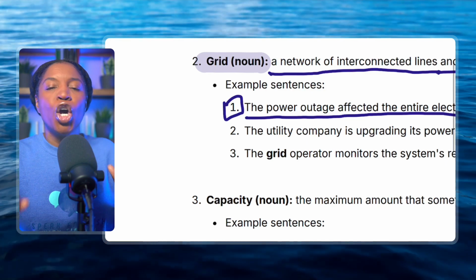In this period, the utility company might ask residents, people living in the area, can you reduce the amount of electricity you're using because we don't want to overload the grid. We don't want more people losing power because of the overload, right? Makes sense, right? So again, our second term is grid.